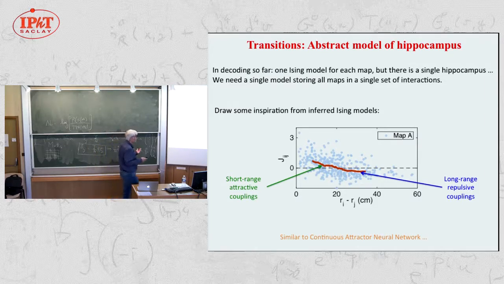But now if you want to memorize more than one environment, that should be true in any environment. So for the same pair of neurons I and J, the distance will depend on which environment I'm considering. There should be a contribution to Jij which depends on the distance in environment 1, and this value will be different in environment 2. So we need a Jij which is compatible with the two distances at the same time.